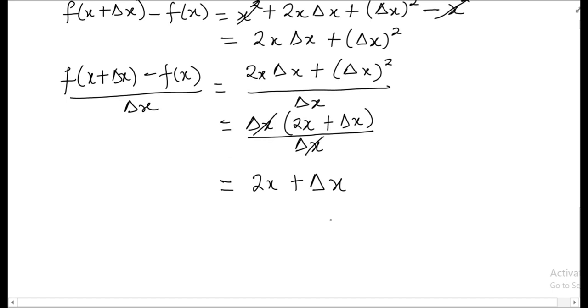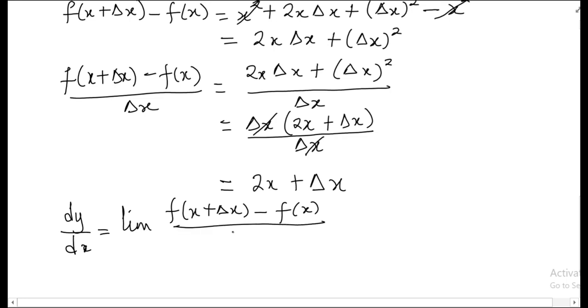Now our dy/dx is a limit of a function where dx tends to 0. So you can say that our dy/dx is the limit of the function f(x + dx) minus f(x) all over dx, where dx tends to 0.